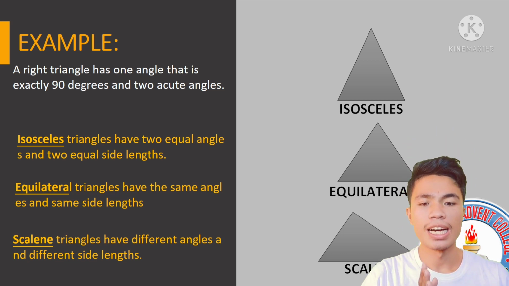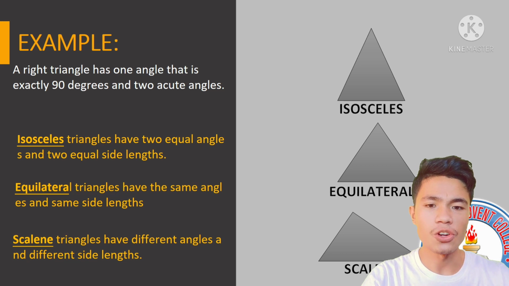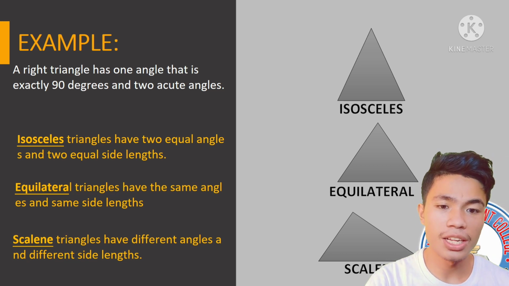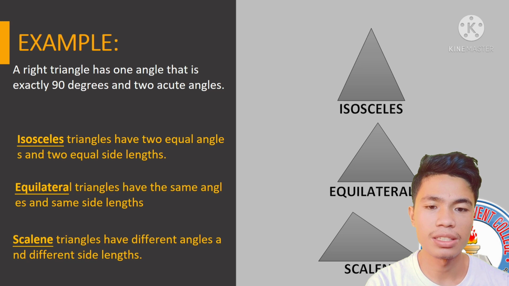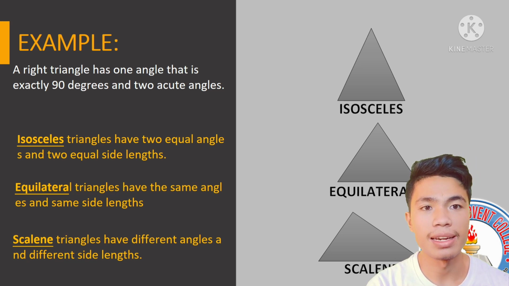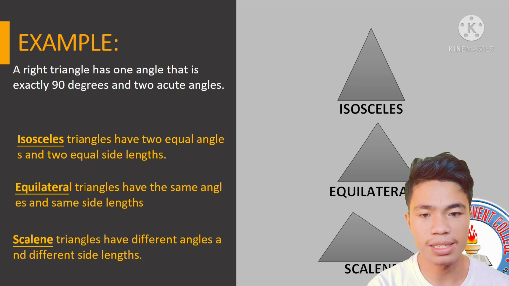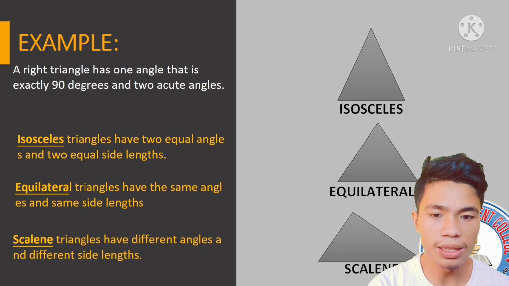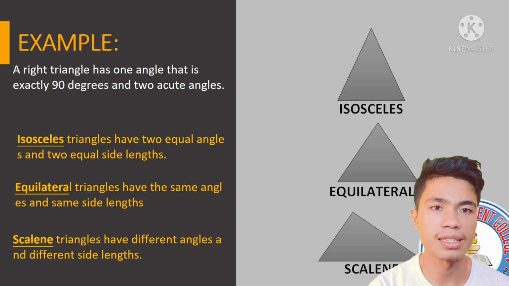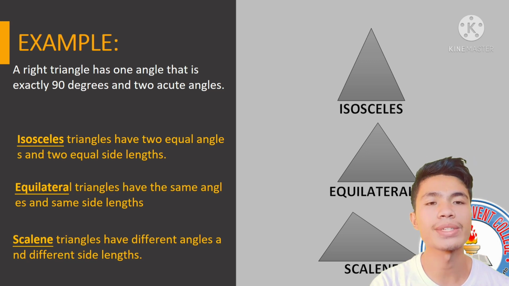When we say isosceles, those are triangles that have 2 equal angles and 2 equal side lengths. And when we say equilateral, those are triangles that have the same angles and same side lengths. All are equal when we say equilateral.